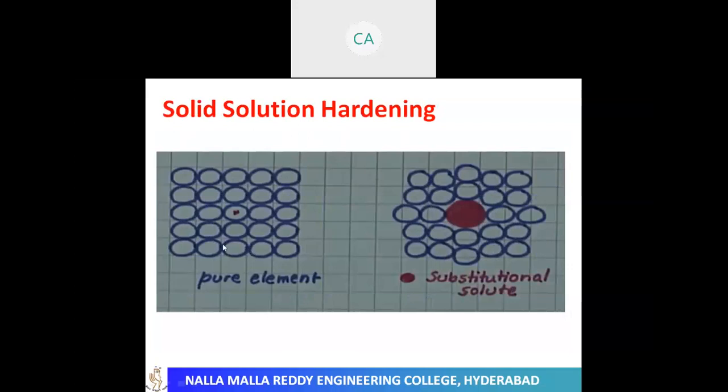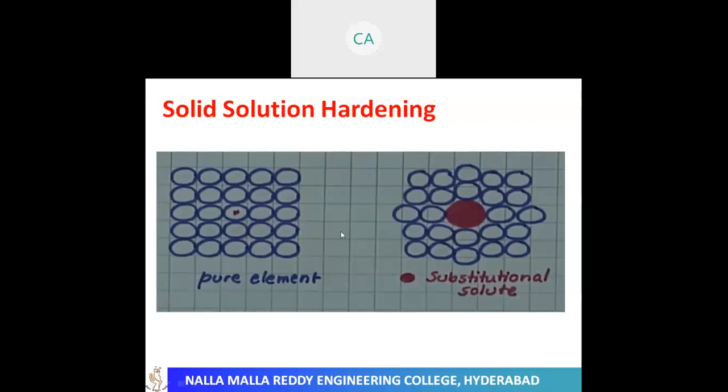This is what we call solid solution hardening. Let us look at why this is. So, in this schematic of a solid solution, we have the pure element where all atoms are equally sized.